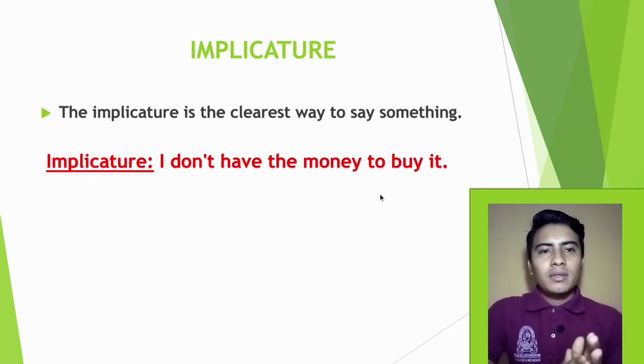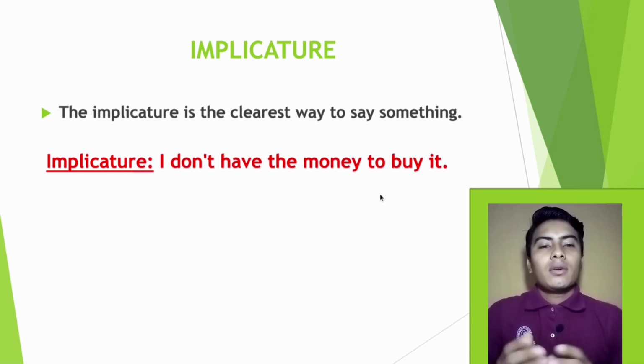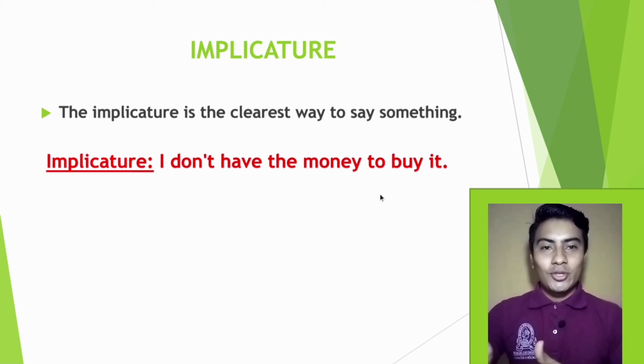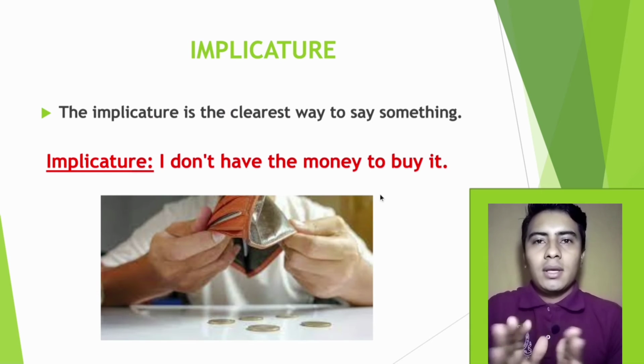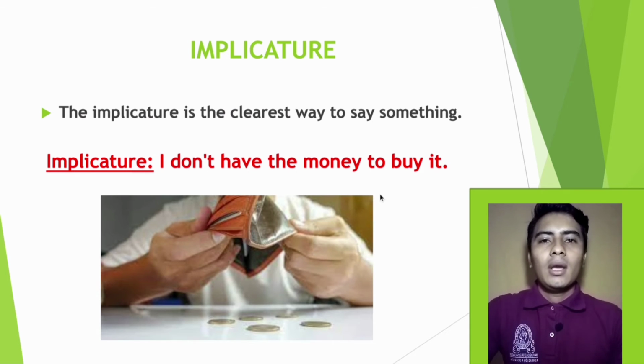In the customer and the watch example above, the customer said, I need a new job, as a funny way of saying that he didn't have enough money to buy it. But the implicature in this case is, I don't have the money to buy it.